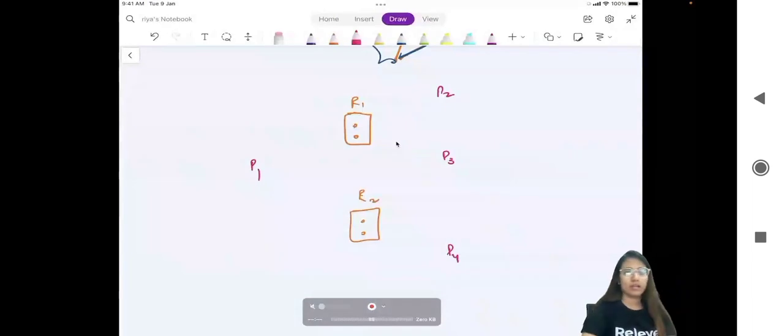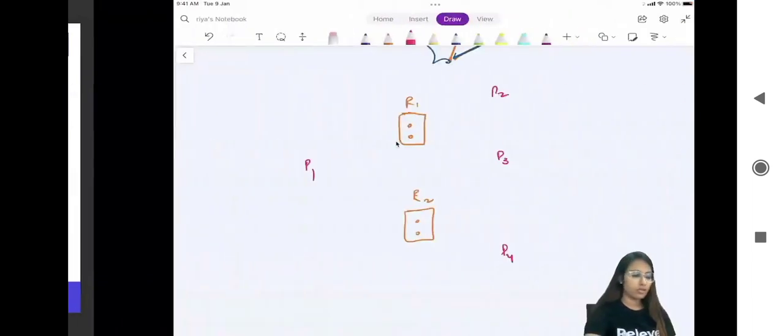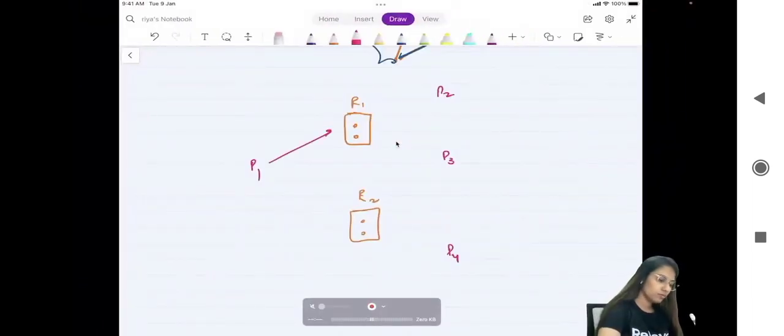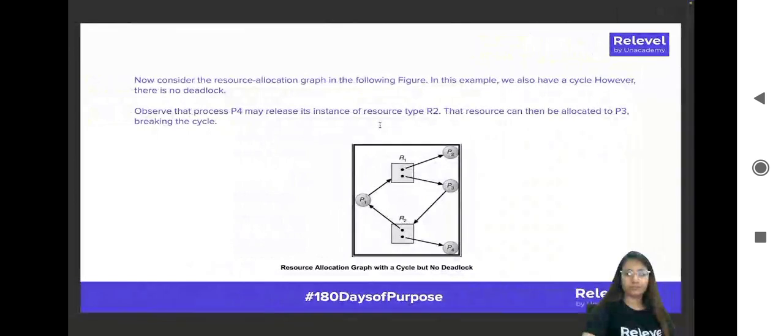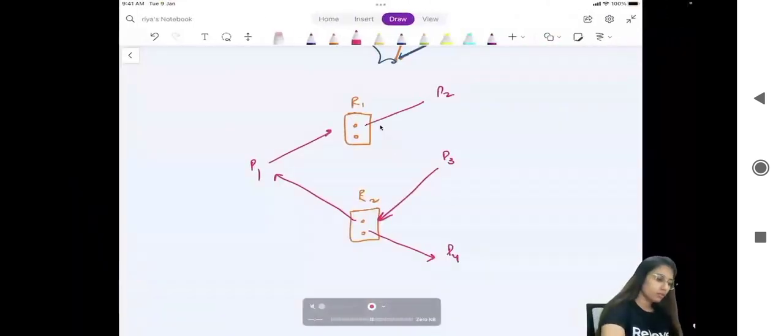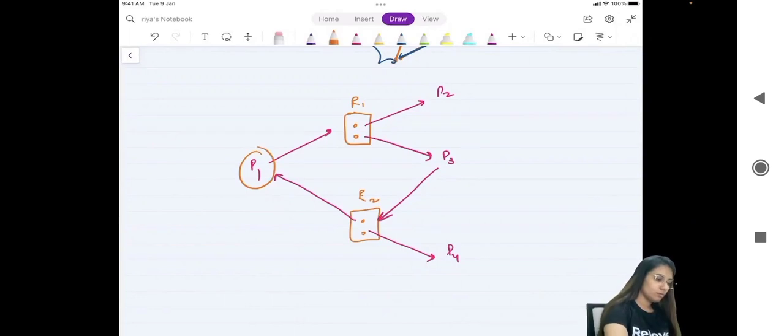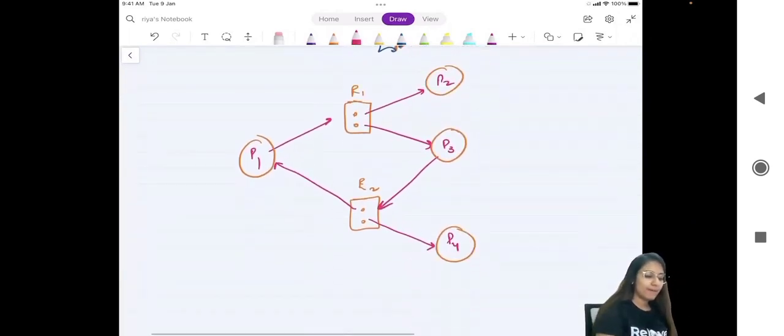Now there is this arrow, this arrow, this arrow. Now P4 requires R2 and P4 has R2.